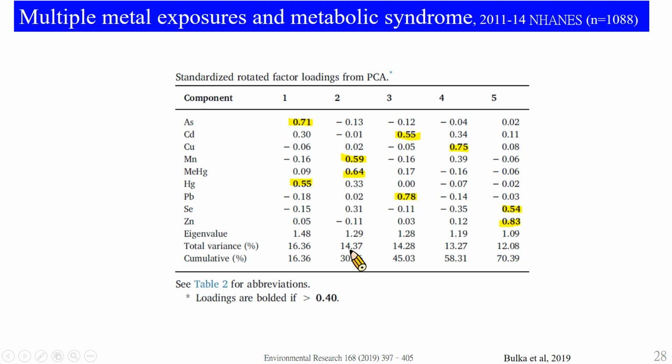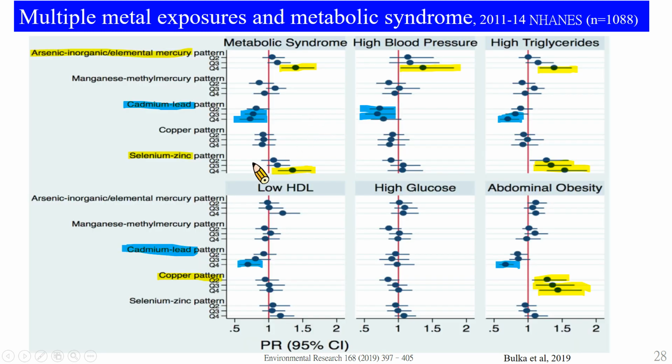In order to investigate the effects of multiple metal exposure on the risk of metabolic syndrome, they conducted a principal component analysis to understand the metal-metal associations. In this case, they found several patterns of metal exposure. For example, inorganic arsenic also increased with elemental mercury.